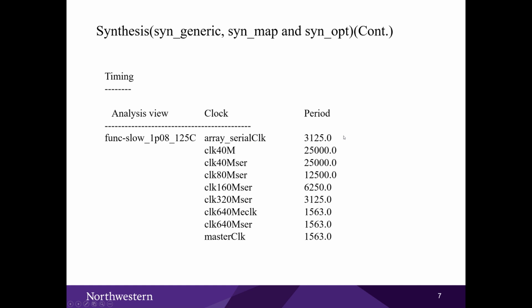Okay, after power and area, we need to talk about timing and also the performance. We can see the clock period here, and for the 40M clock, it has a 25 nanosecond period, so it's much lower than 62.5 nanoseconds, which is the default clock uncertainty in the setup.yaml file.